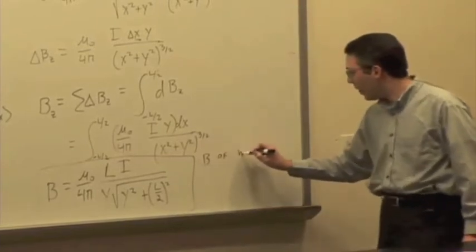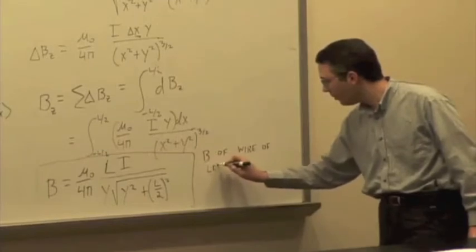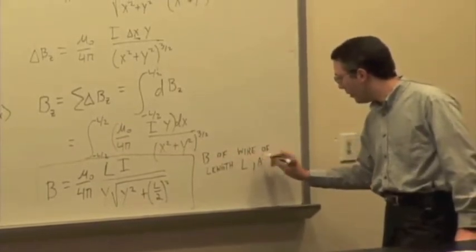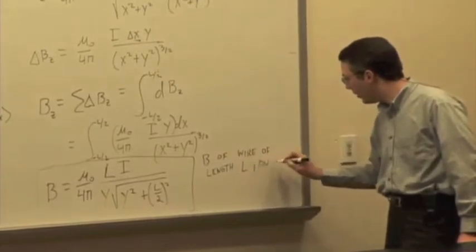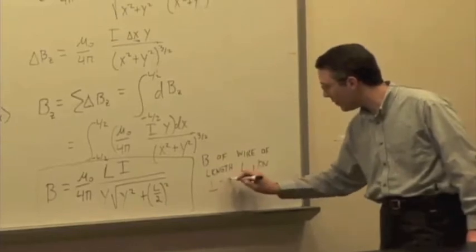Okay? So that's a result for the magnetic field of a wire of length L on the perpendicular bisector, right?